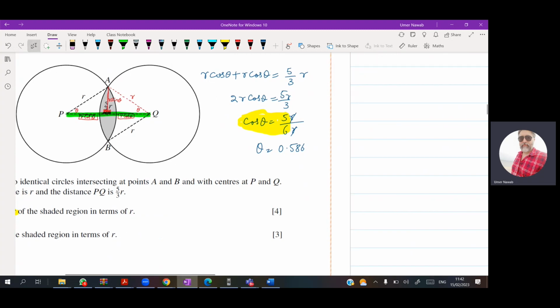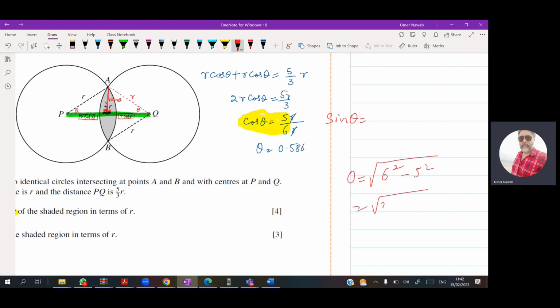Guys, is it possible for cosine theta to be 5 over 6? So what should be my sine theta? Remember SOHCAHTOA, you have adjacent, you have hypotenuse. Can I find opposite? So opposite will be equal to hypotenuse squared minus adjacent squared.